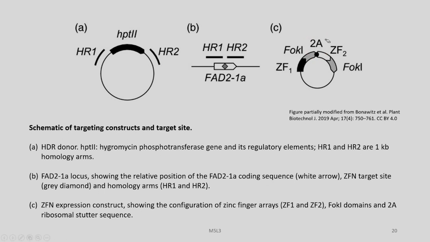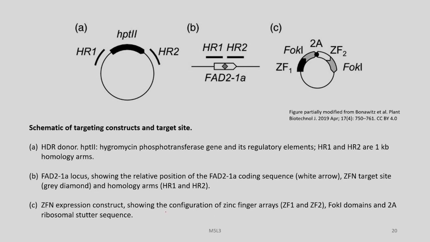So, you have here zinc finger 1 attached to a FokI gene sequence and zinc finger 2 attached to another FokI gene sequence, and the presence of the 2A gene will ensure that the two constructs ZFN1 and ZFN2 are expressed separately.